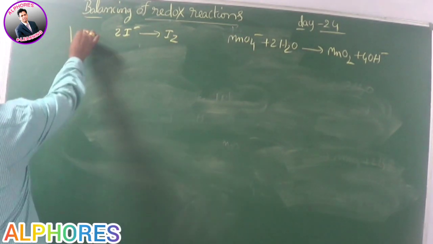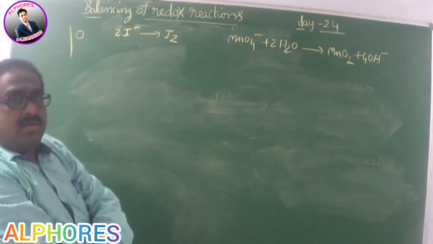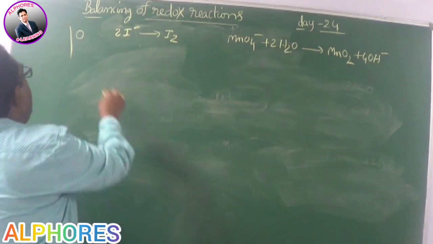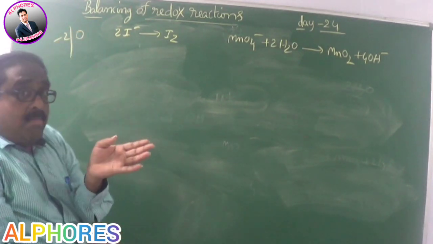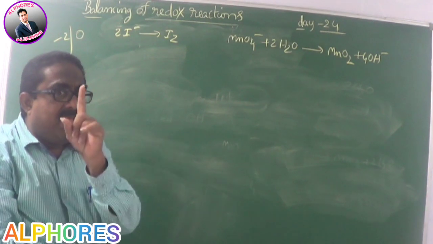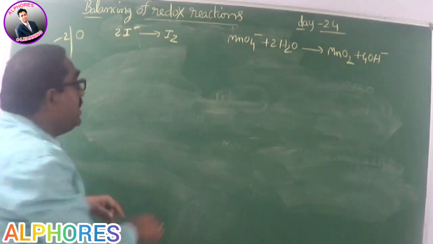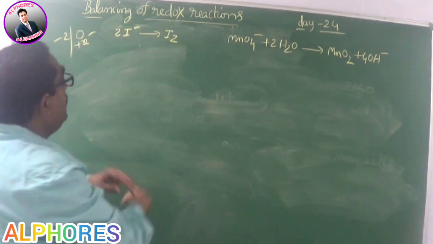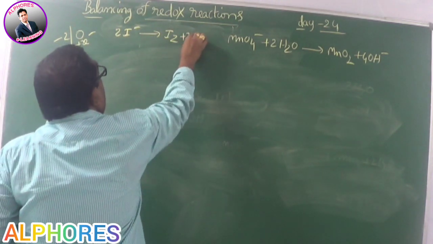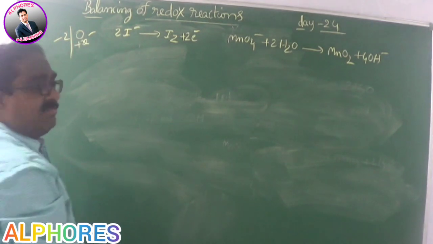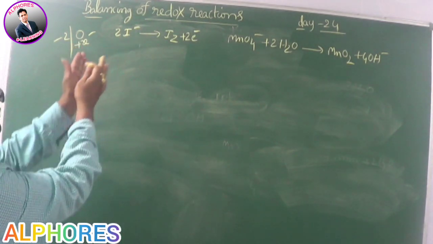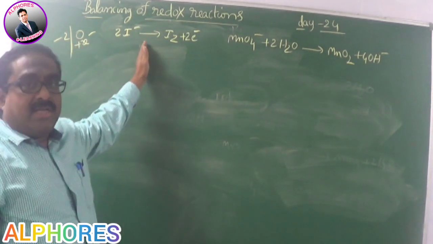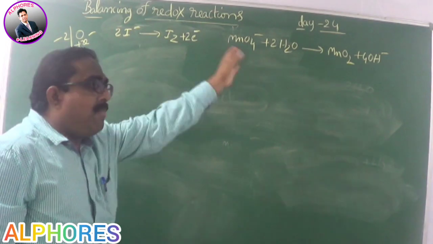Right side 0, I2, a neutral molecule. Left side 2 ions, minus 2. So balance of charges should be done only by the addition of electrons. Don't forget about that. If you add 2 electrons here, this side also becomes minus 2. So I am going to add 2 electrons to the right side of the equation. Yes, with respect to charges, now this oxidation half reaction is balanced properly.